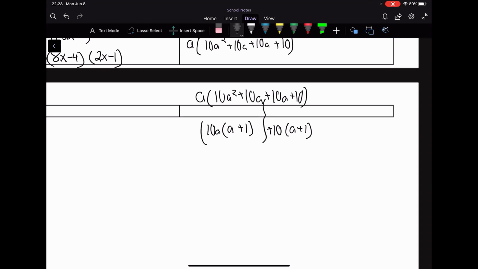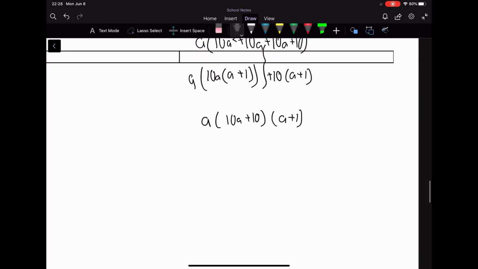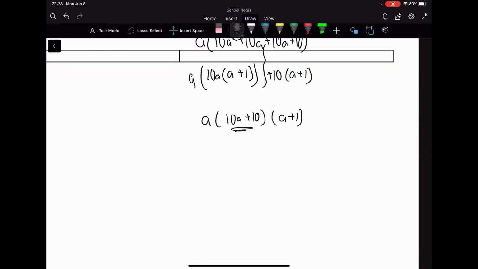So we're going to have a times 10a plus 10 times a plus 1, but we could change this one as well. So we'll have 10a times a plus 1 times a plus 1, or we could just say 10a times a plus 1 squared. That squared is on the outside.